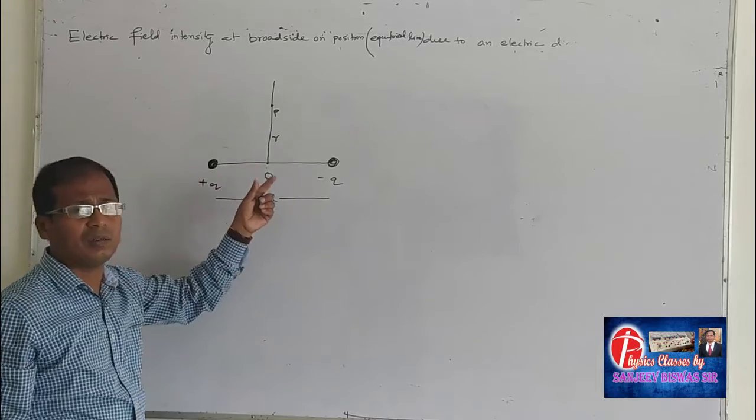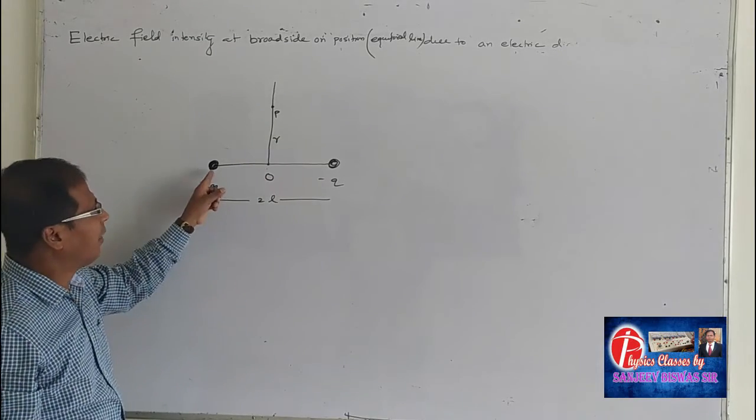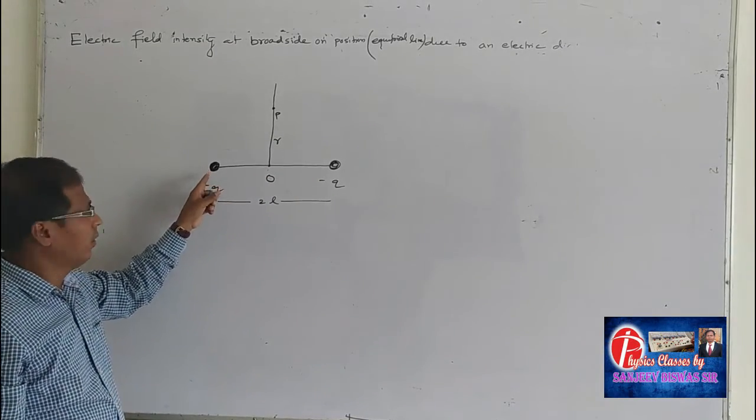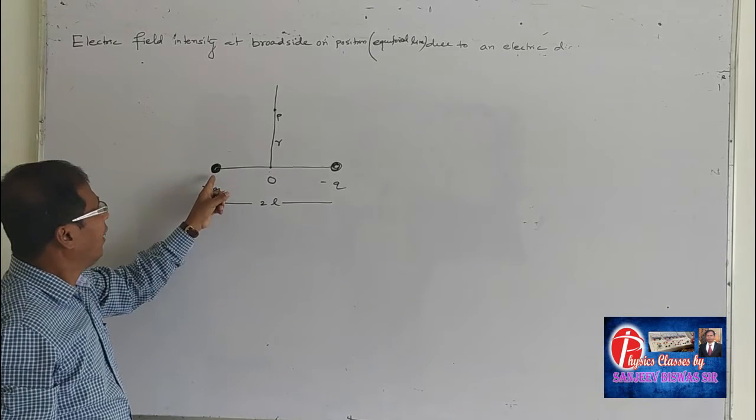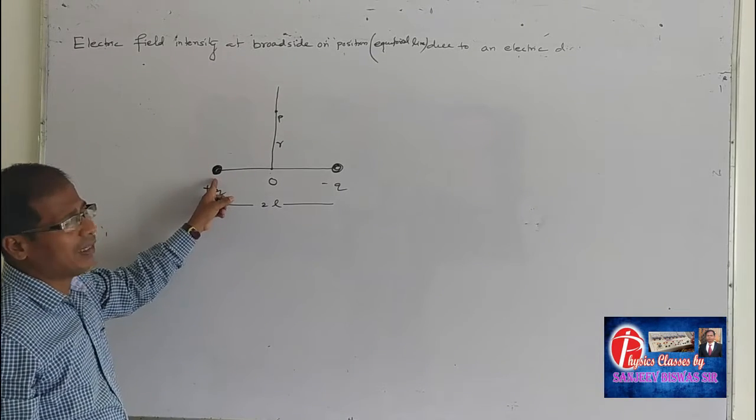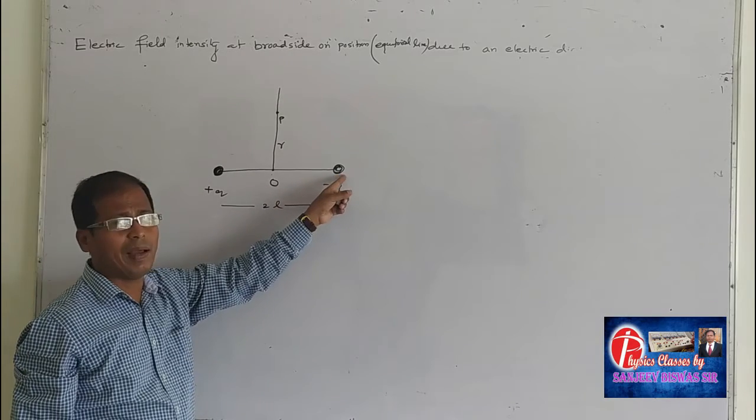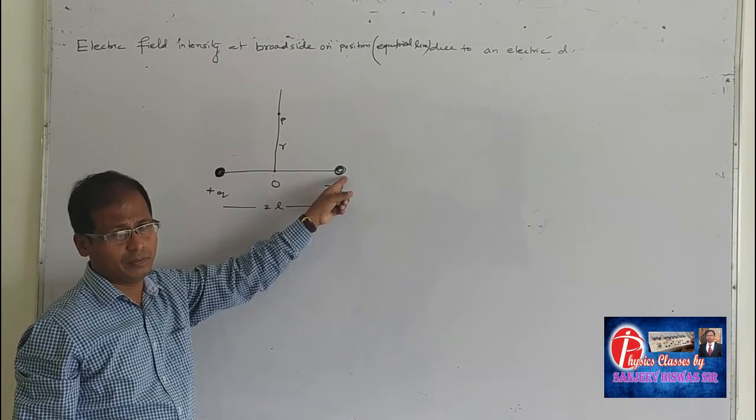So you can find the electric field intensity separately, by the electric field produced by plus q charge and also the electric field produced by minus q charge.